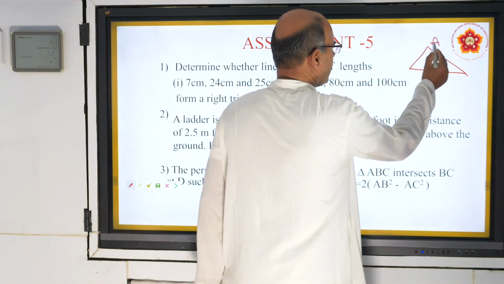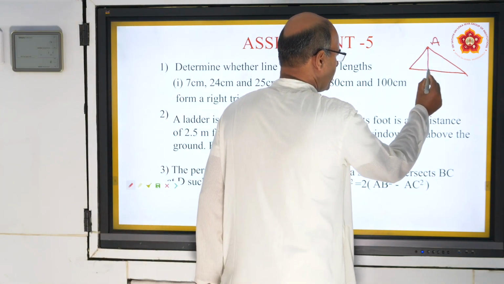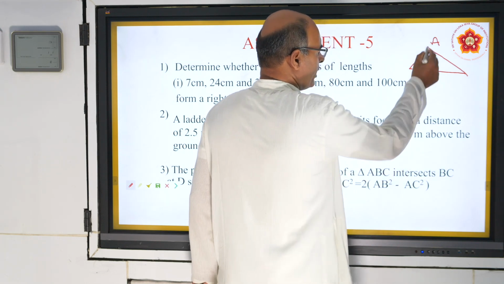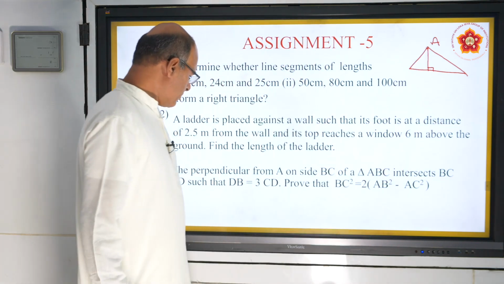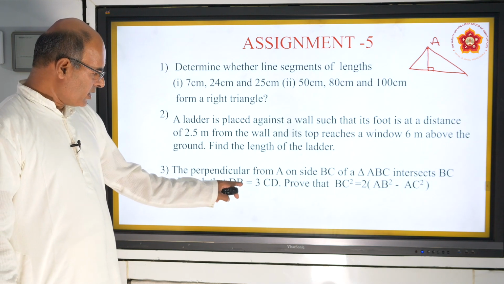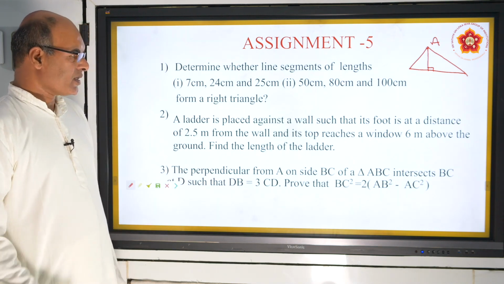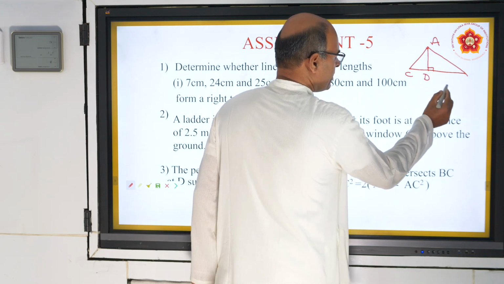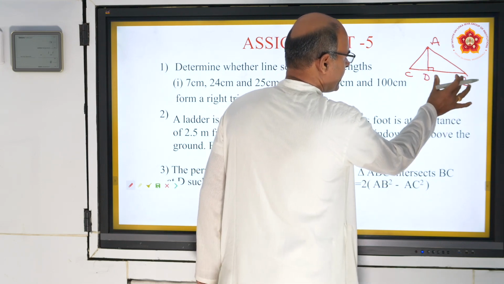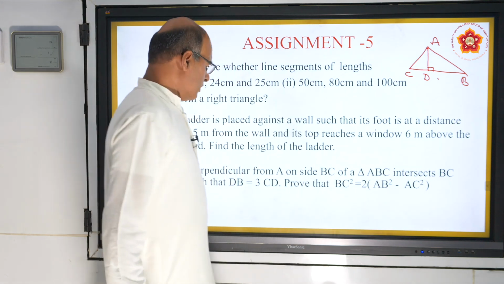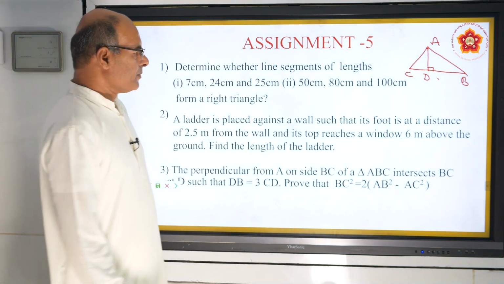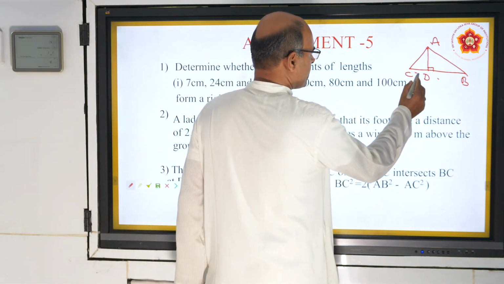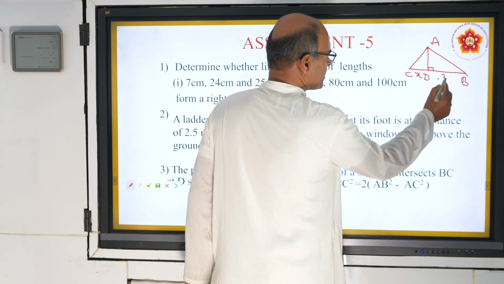This is the perpendicular drawn from A to BC. It is such that DB is 3 times CD. CD is the smaller side. So write C here, CD, and B here. Here BD is 3 times CD. If CD is x, then BD is 3x.